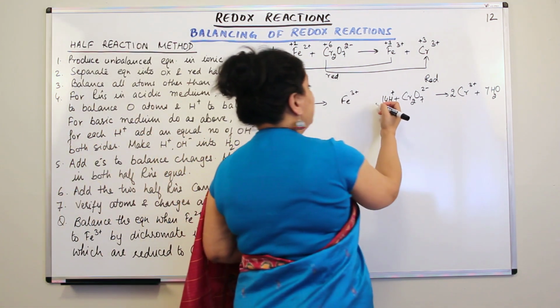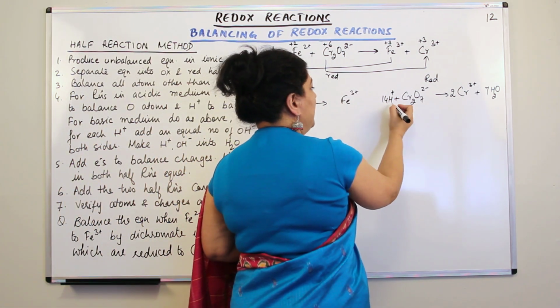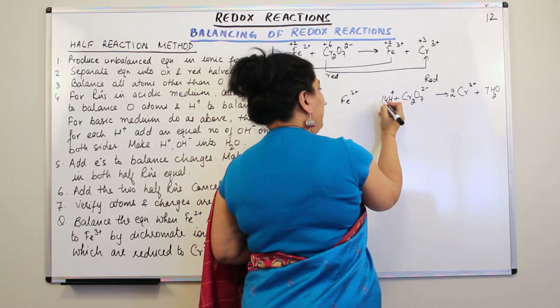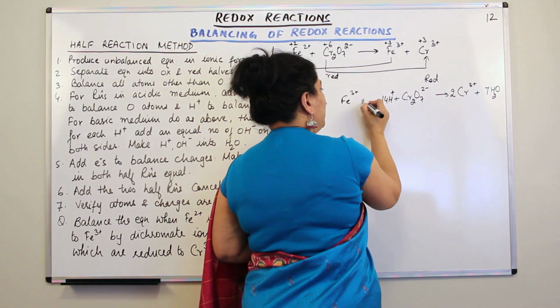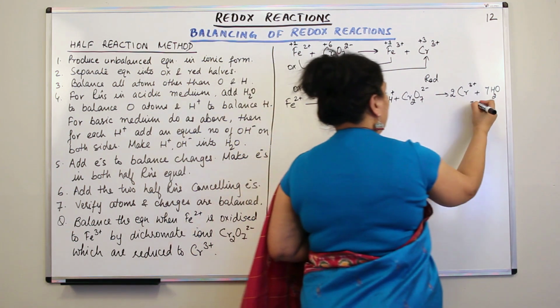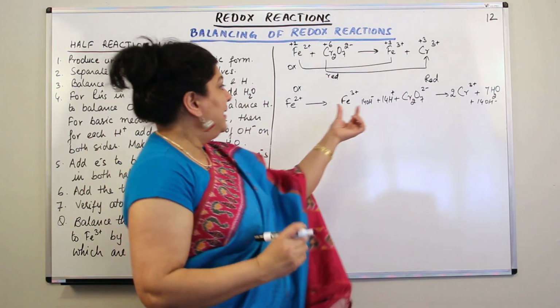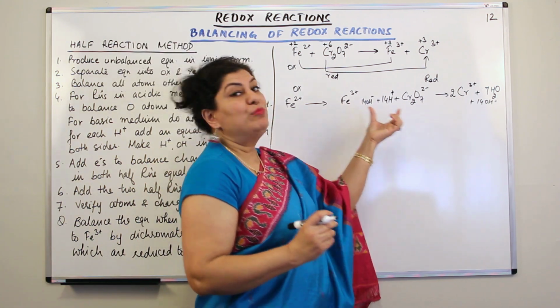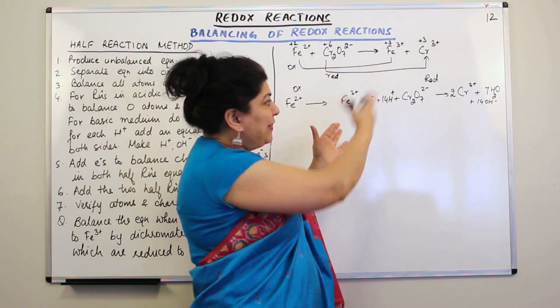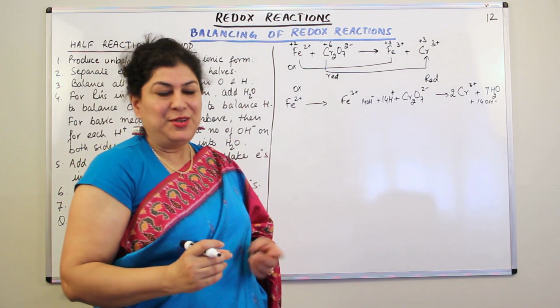I would have added the 14 hydrogens to this side, and then I would have added 14 OH- ions to this side and 14 OH- ions on this side. And then the hydrogen and the OH would have formed water on this side, and then I would have cancelled out the water. Do you get me?